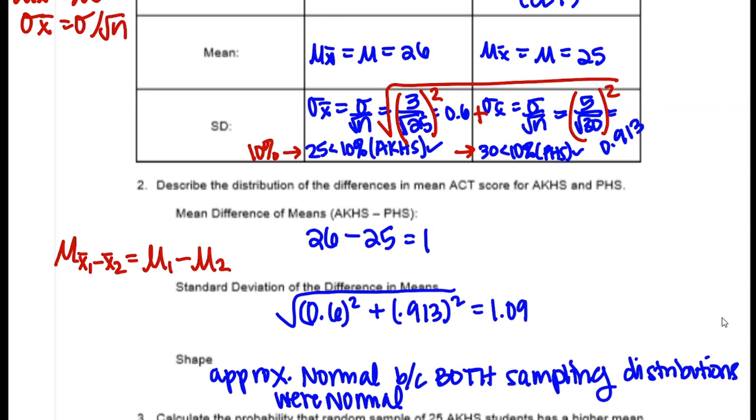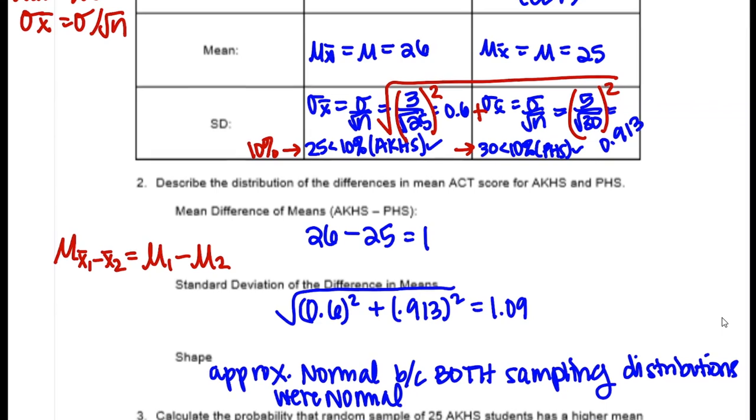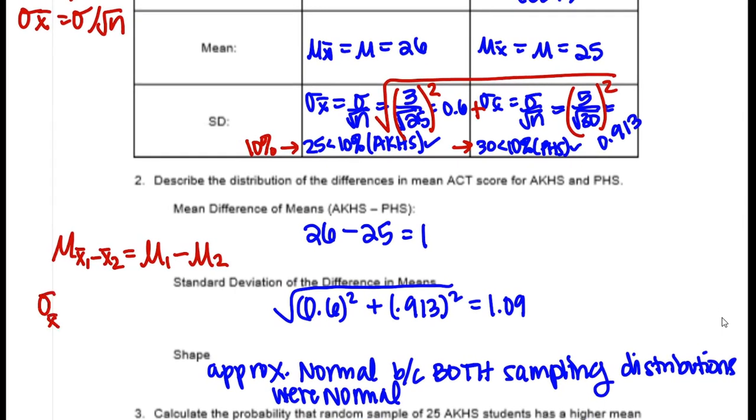So what that looks like in a formula is standard deviation of x bar 1 minus x bar 2 equals the square root of standard deviation 1 squared over n1 plus standard deviation 2 squared over n2. If I distribute this squared to the top and bottom, that's what happens.